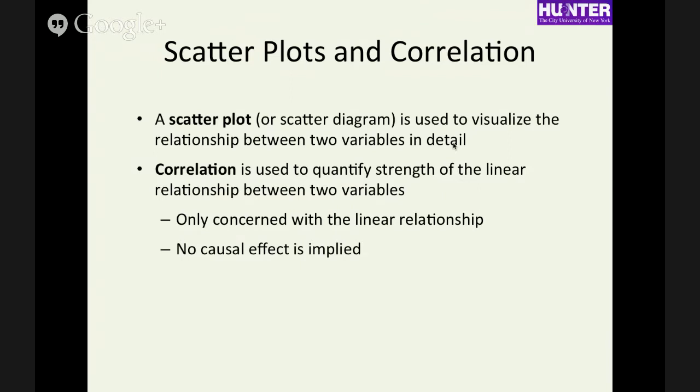It only summarizes the linear component of this relationship. I'll show you some examples of what that means, and it does not have to do with causality. It just has to do with association between the variables. If you switch your response and your predictor variable, it will not change your calculated correlation.